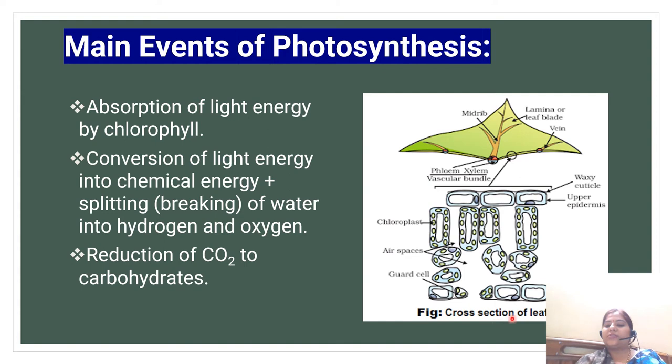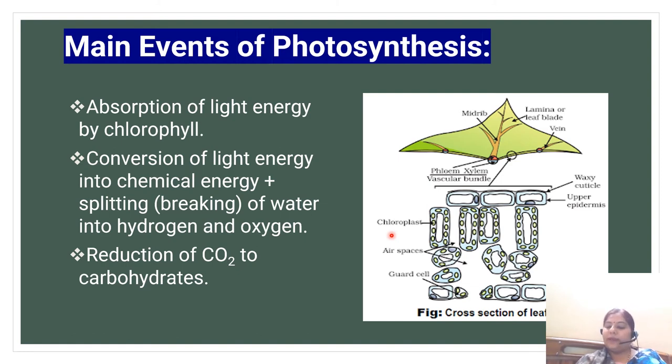This is the cross section of the leaf. From outside, the leaf appears like this. But if we cut the leaf and see the cross section under a microscope, we will find it like this. This is the upper epidermis of the leaf. These are the cells which store the chloroplast, which has chlorophyll.